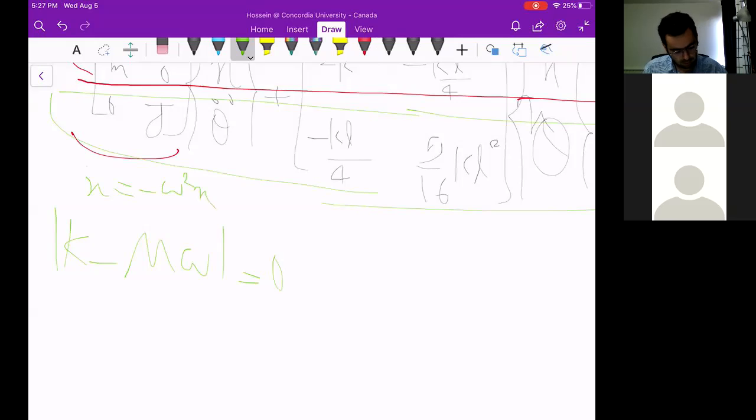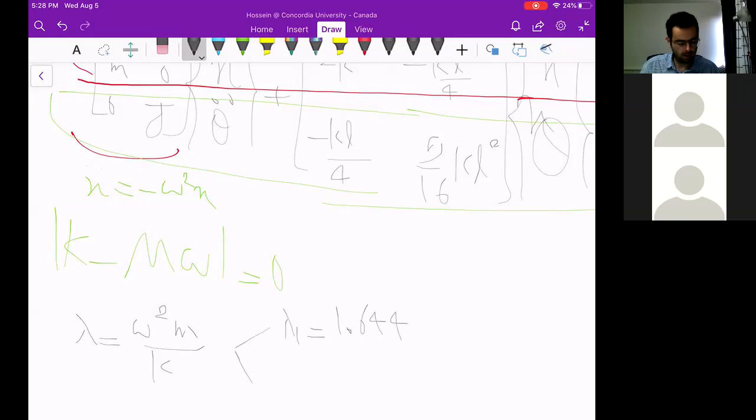So therefore, simply, the first mode shape would be, if I let lambda equal omega squared M over K for the sake of simplicity, lambda 1 would be 1.644.